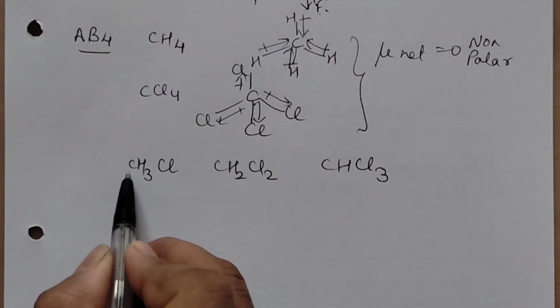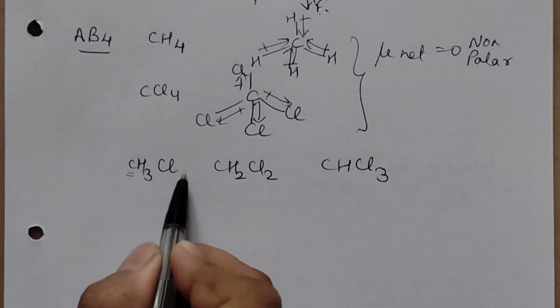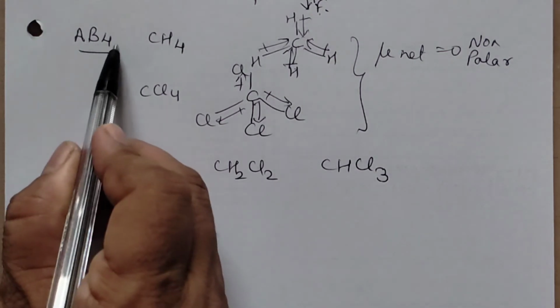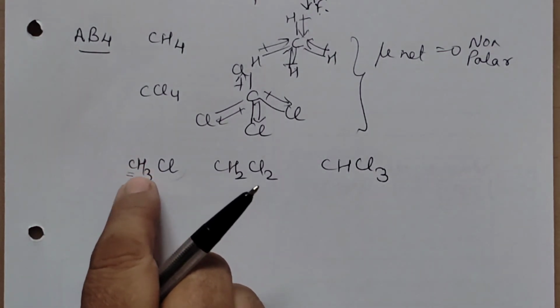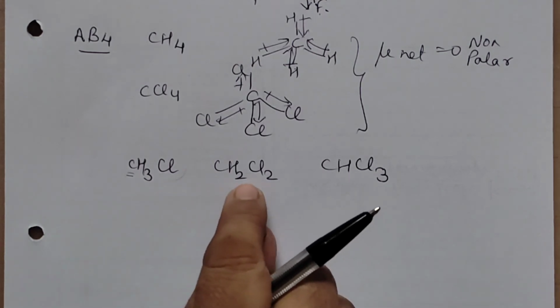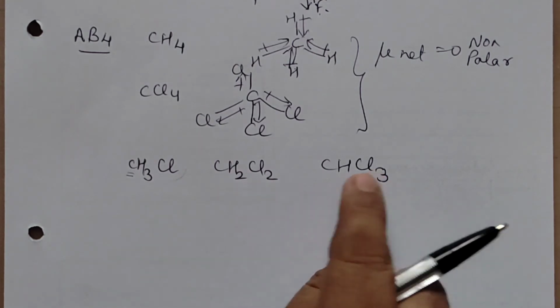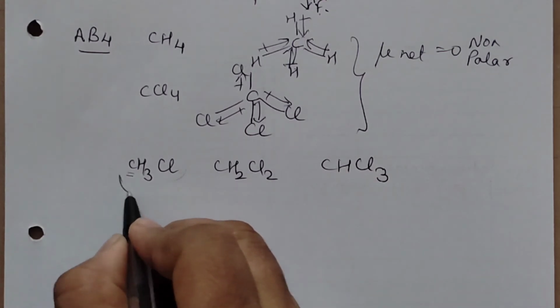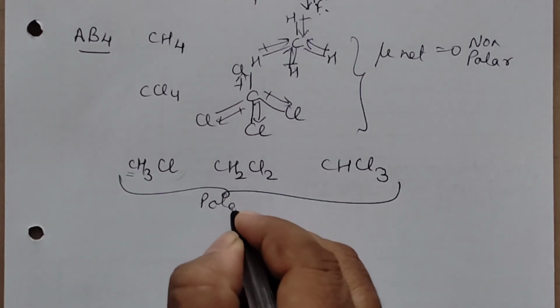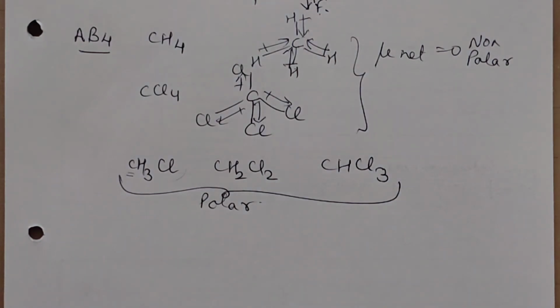These examples have one central atom and 4 surrounding atoms, but the difference is that it is not of the type AB4. There are two different types of surrounding atoms. This also has two different types of surrounding atoms. So these will not be non-polar. They will be polar molecules. It will not be a symmetrical molecule. Got it?